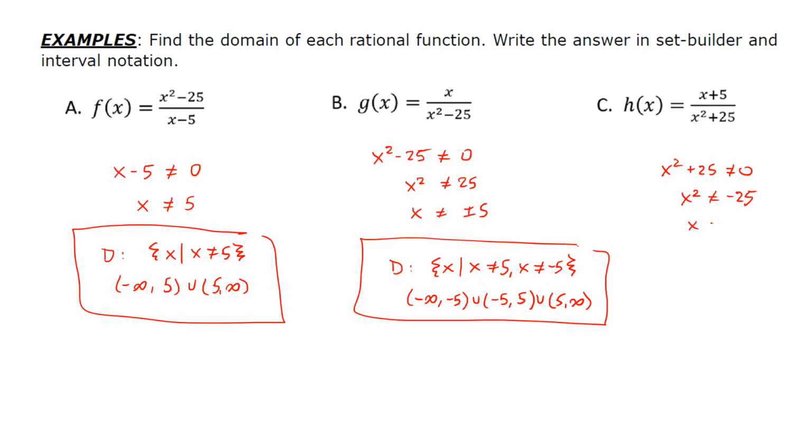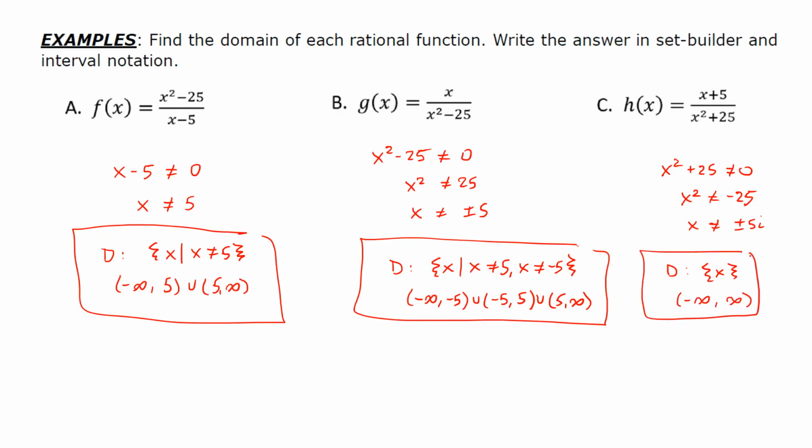Taking the square root of both sides, we get plus or minus 5i. Now, 5i is not a real number, so our domain is going to be all x values, or in interval notation, negative infinity to infinity.